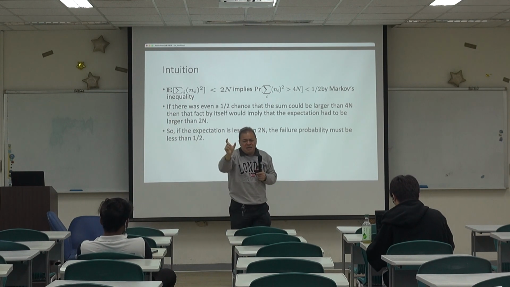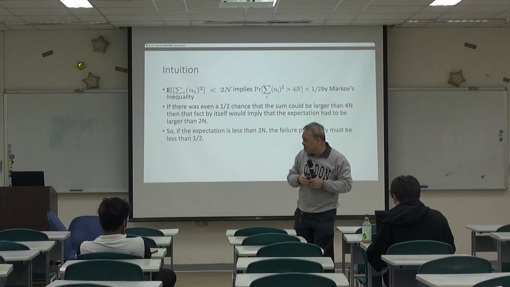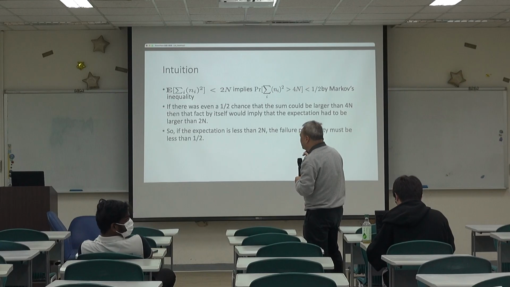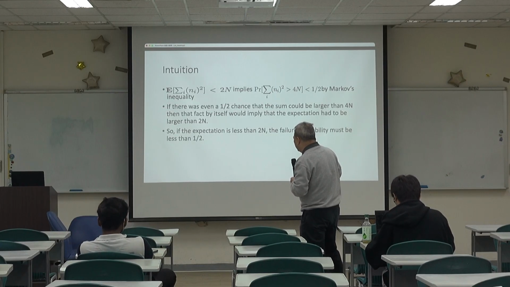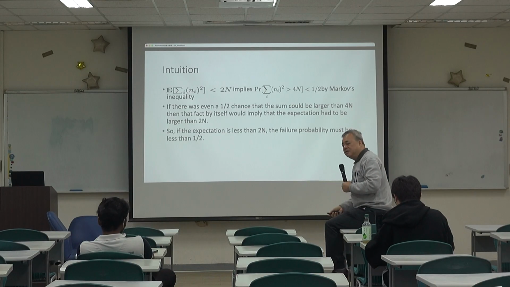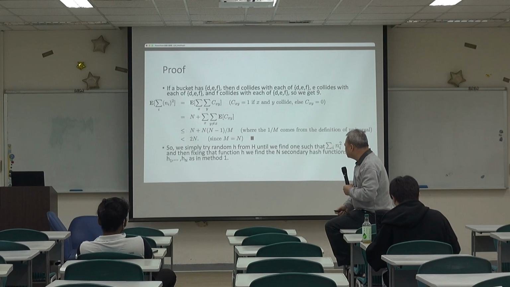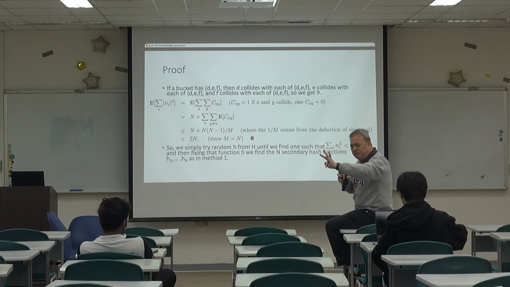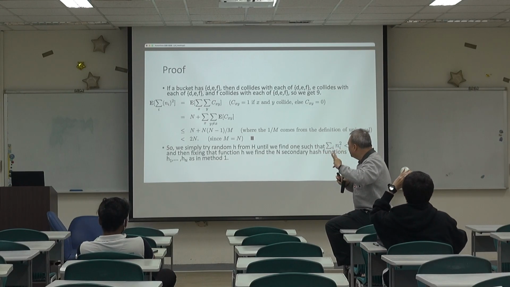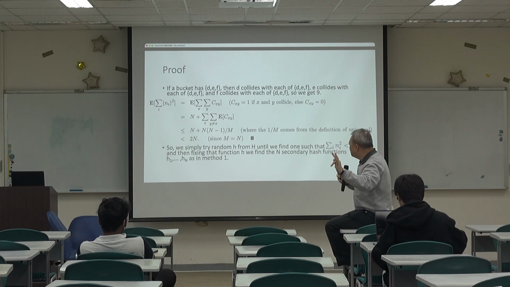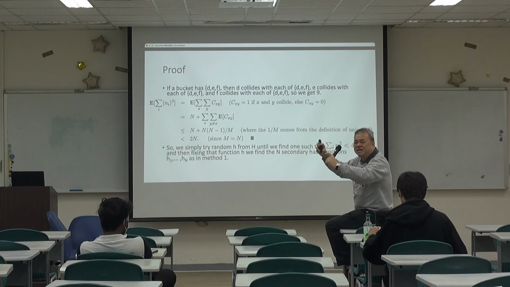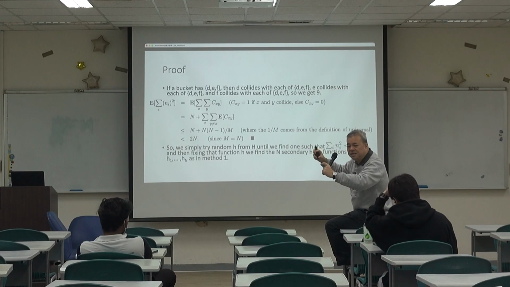Okay, so now the idea is we need to prove the expected value of the sum of ni squared is smaller than 2. We need to bound this expectation. How do we do that? Okay, first, if a bucket has, for example, three elements, D, E, F, let's consider the bucket as the keys that collide.